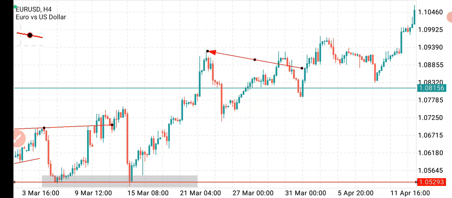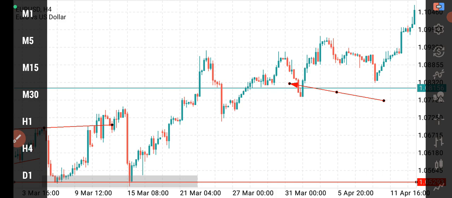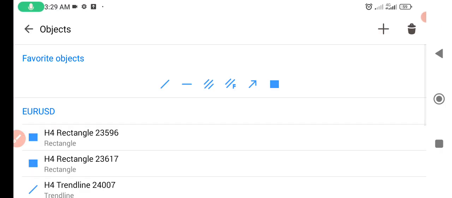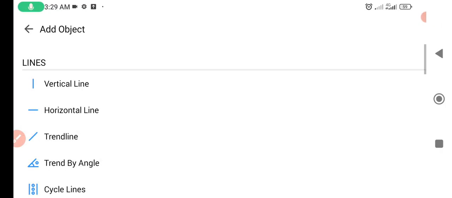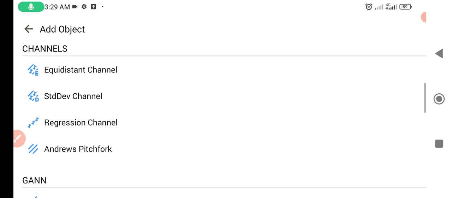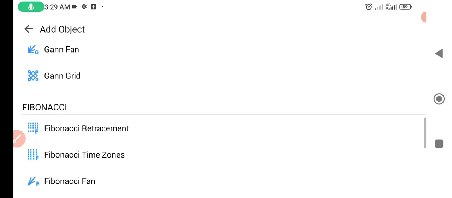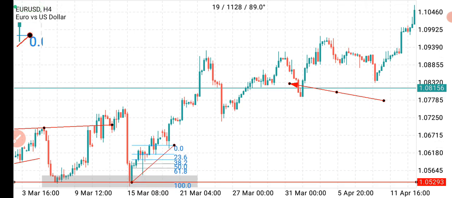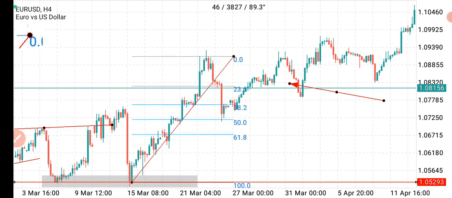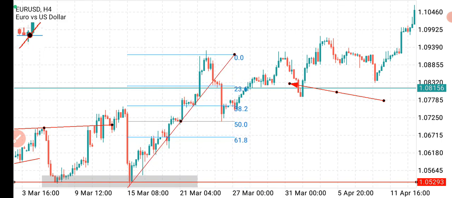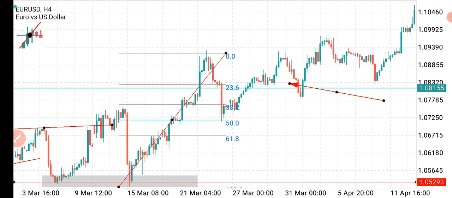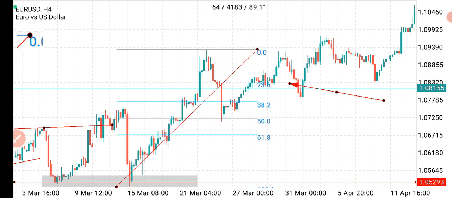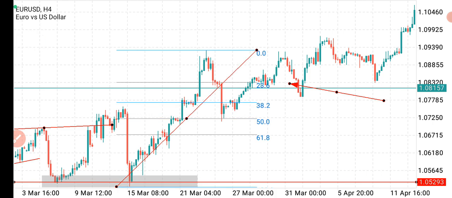It has formed a higher high. All you need to do is get your Fibonacci retracement tool, and then you fib from the wick. If you are doing body to body of the candle, fine. If you are doing wick to wick, fine. Good. So now you see the level.